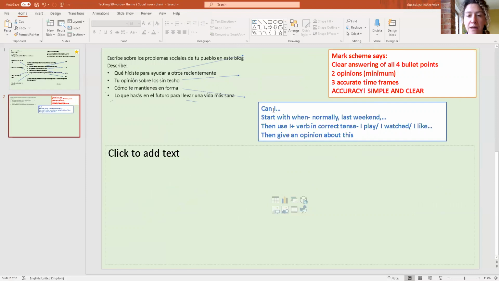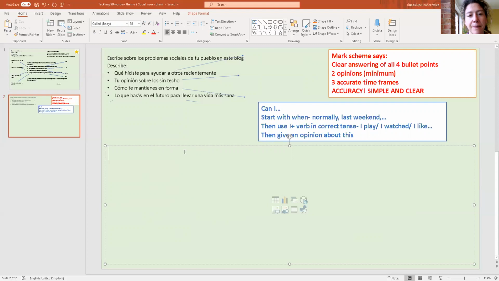Remember that I always ask you to try to start with when, normally, usually, last weekend, plus then give an I verb in the I form in the correct tense, of course, and then try to give an opinion. If you follow that kind of structure, then you're going to feel quite confident that you're covering and answering the task. Let's start with the first bullet point.